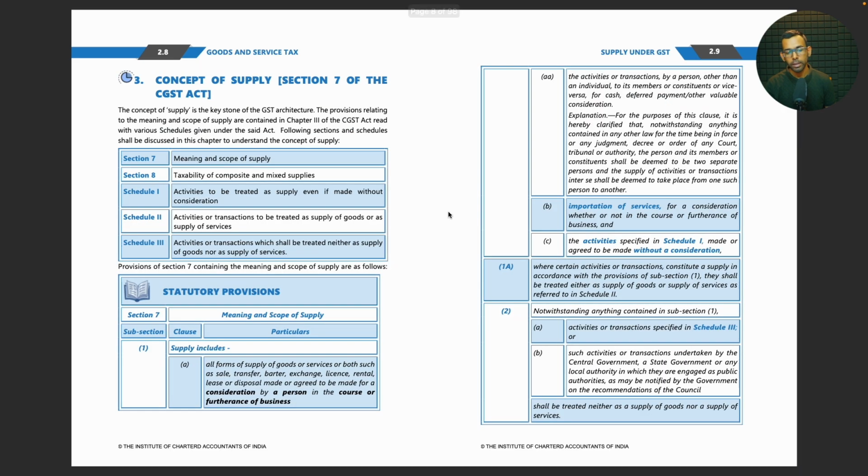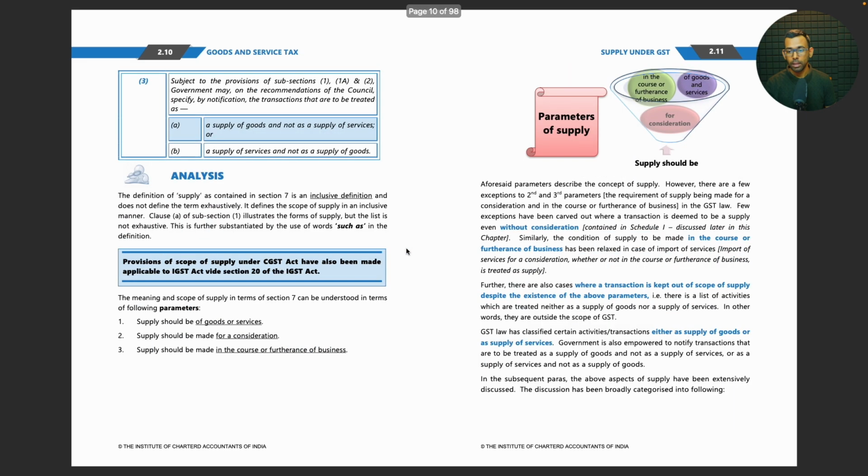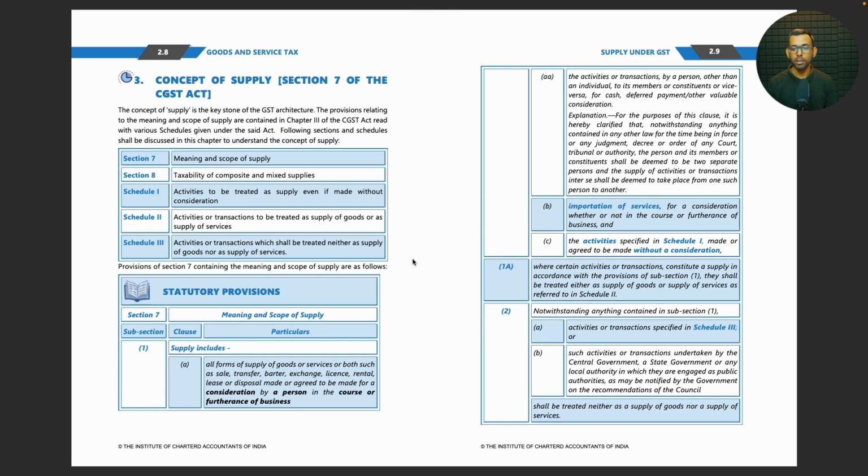So I can definitely say that the clarity I had about this whole GST Act provision, section 7 to Schedule 3, the first time versus the fifth time reading, it's miles apart. I have a proper bird's eye view. I can actually draw a mind map right now and explain exactly what is given where.